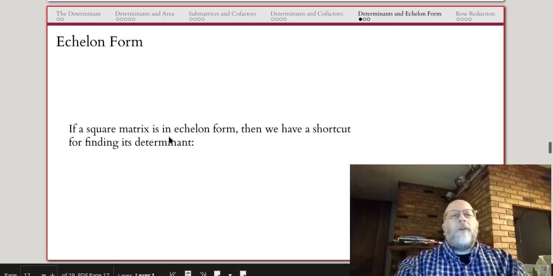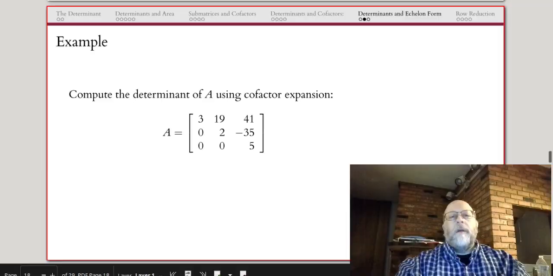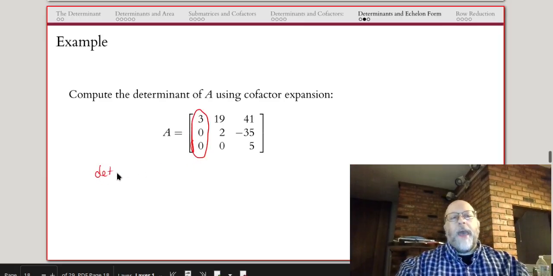If a square matrix is in echelon form, then we have a shortcut for finding its determinant. For example, right here, if I want to find the determinant of this matrix using cofactor expansion, I'm going to expand down the first column. The determinant of A is going to be 3 times the cofactor in the 1, 1 position, plus a bunch of zeros.